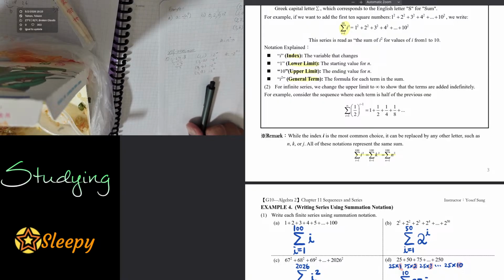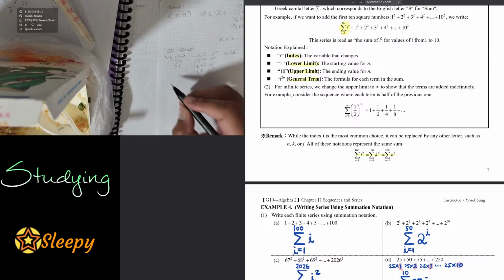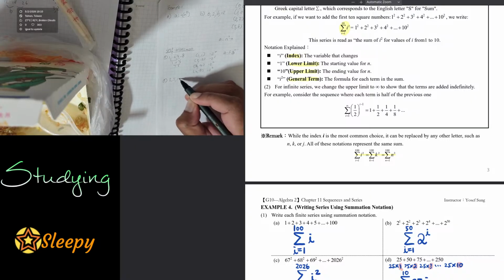Oh, you have to use it? Okay, fair enough. Isn't there a slightly prettier way of solving this? 2, 5, 10, 17. So this is 3, 5, 7.